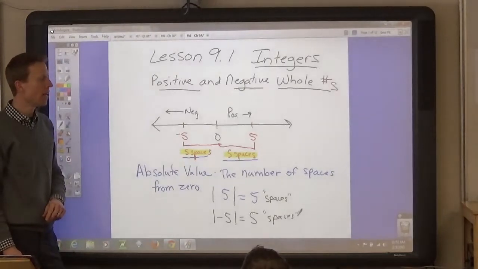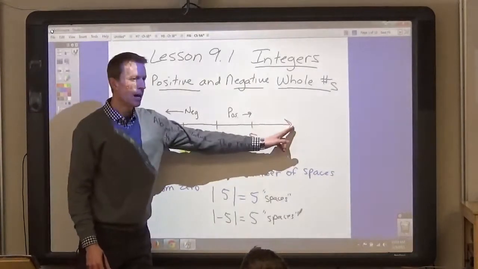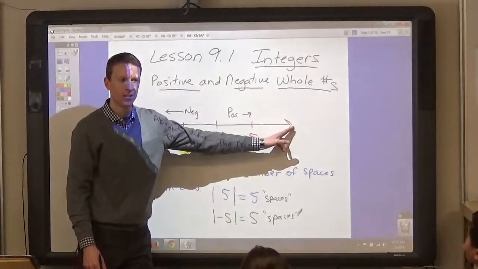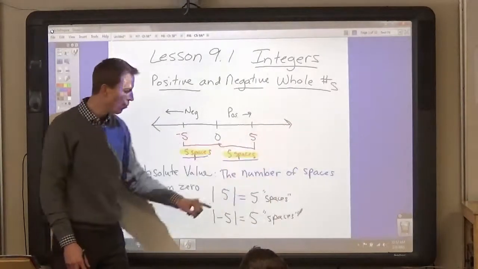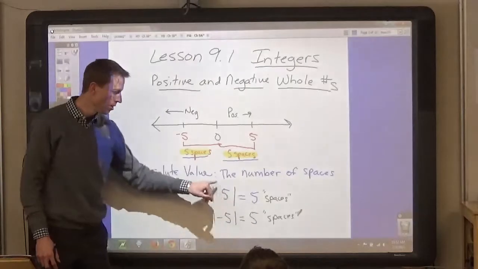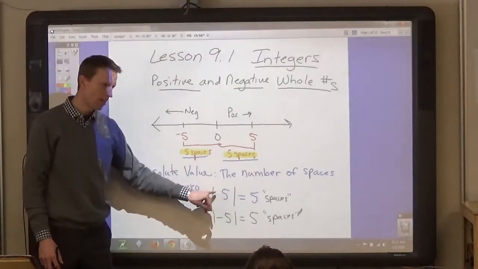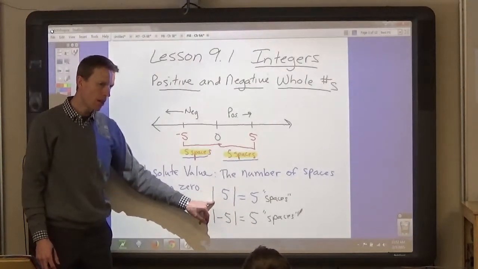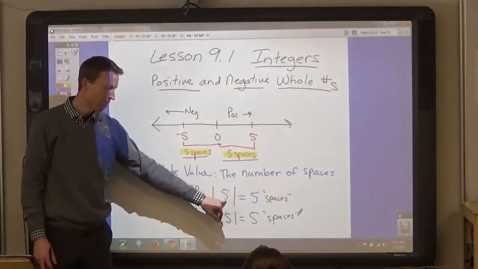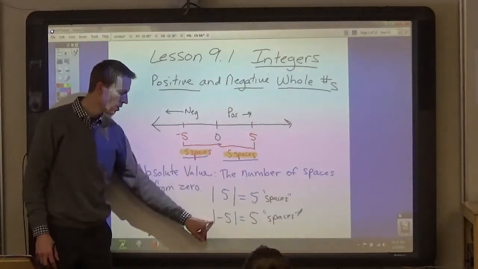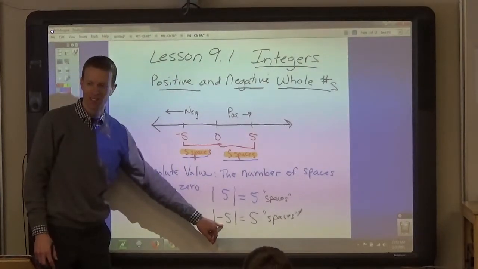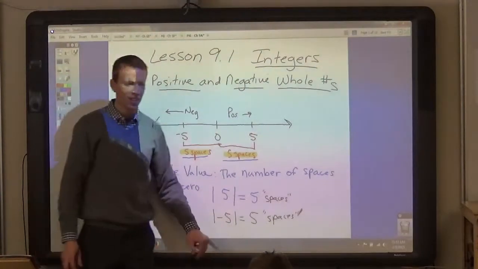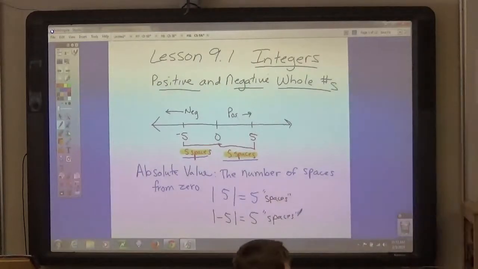What's the absolute value of positive 15? 15. Okay? And whenever you see these bars, you say the absolute value of 5, or the absolute value of negative 5. That's what lesson 9.1 is about.